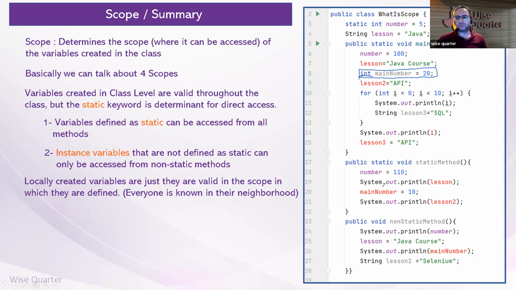This is another method. If I try to use it, Java will complain because it's a local variable. You cannot reach or use it from other methods. Here, another example. This is a non-static method. Still, we cannot use it. If we create a local variable, here, lesson 3 has been created in the for loop.